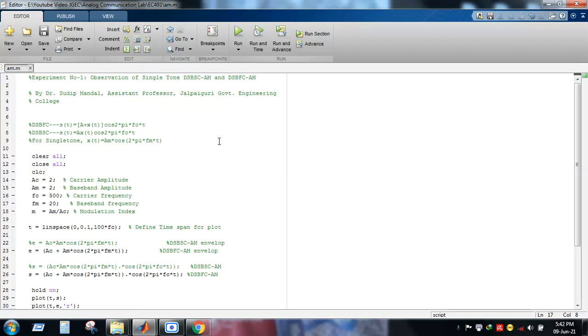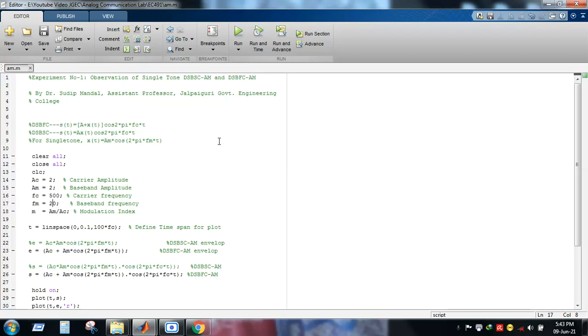Before starting the corresponding coding of the program, I hope that most of you are aware of the MATLAB toolbox, and I also hope that most of you have MATLAB on your laptop or desktop. Before starting the program of the DSB-SC and DSB-FC signal, let's revise the theoretical concept of DSB-FC and DSB-SC.